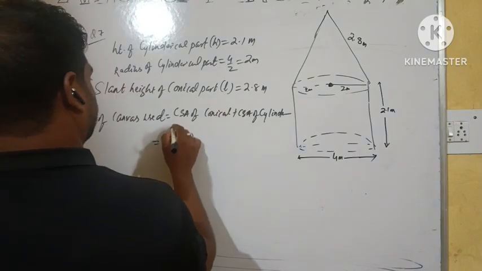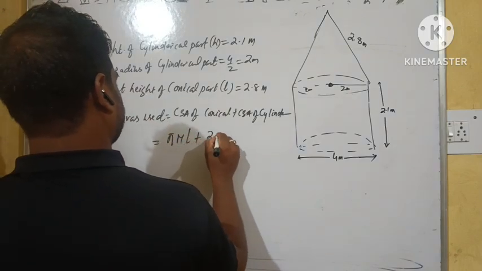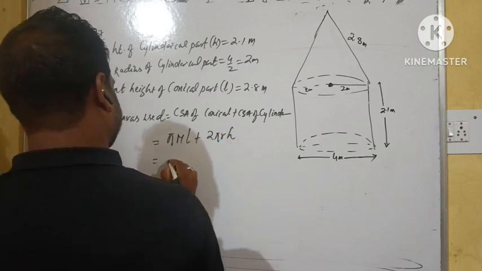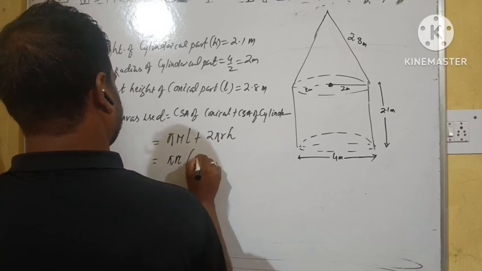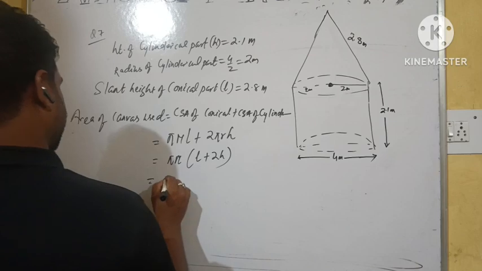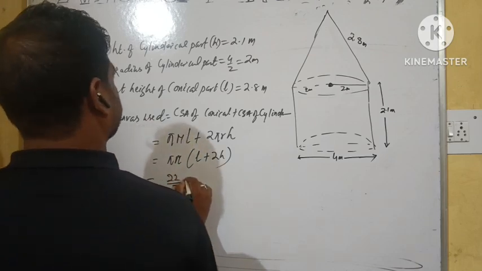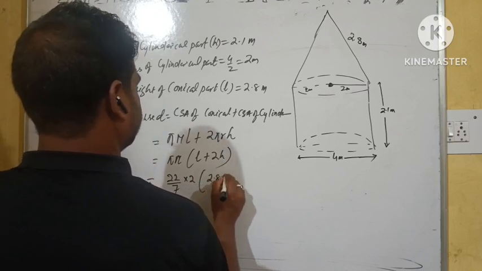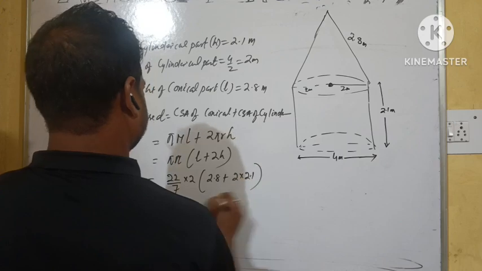That is pi r l plus 2 pi r h. Taking pi r common, pi r into (l plus 2h). Putting pi as 22/7, r as 2, l as 2.8, plus 2 into 2.1.